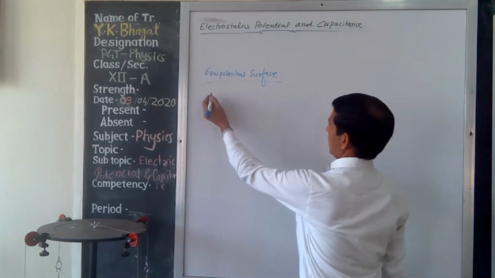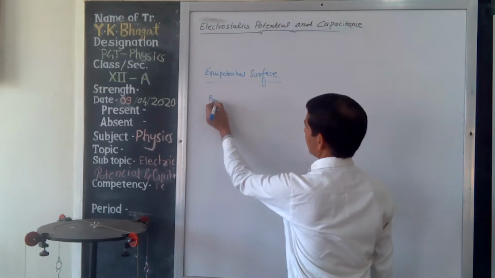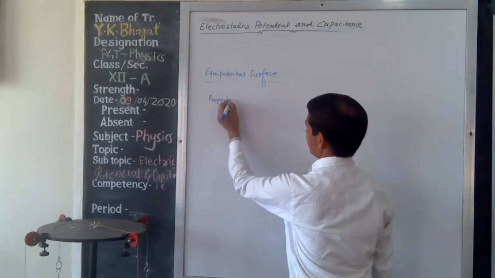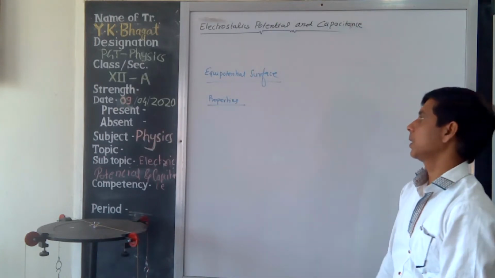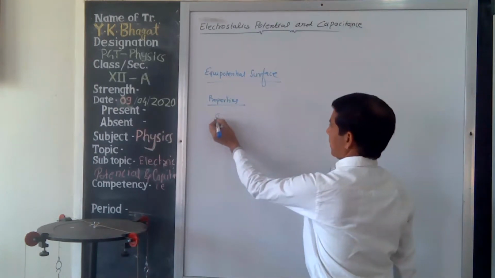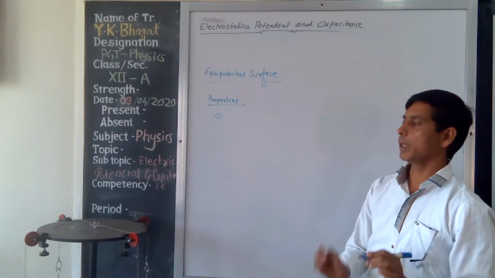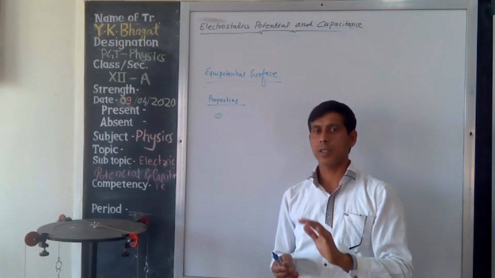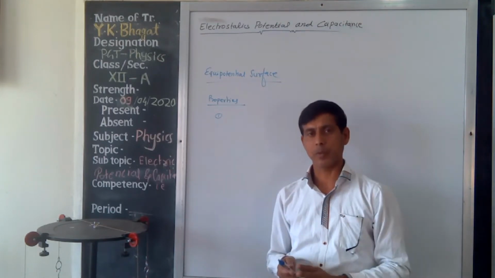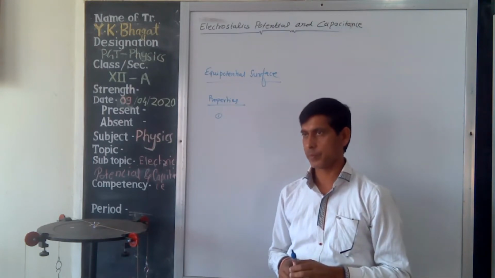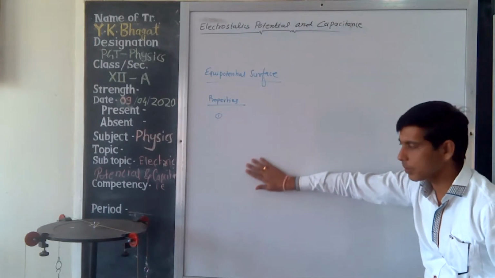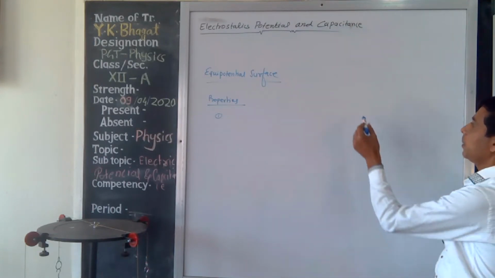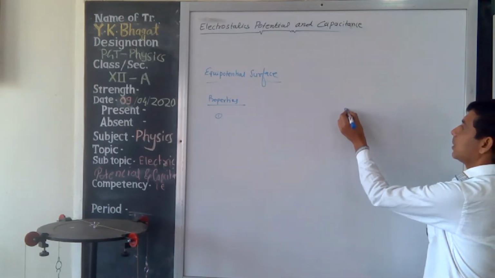Now we see the properties of equipotential surface. Property first: work done to bring a charge on any equipotential surface will be zero. Why? Suppose this board is our equipotential surface and we want to move a charge.